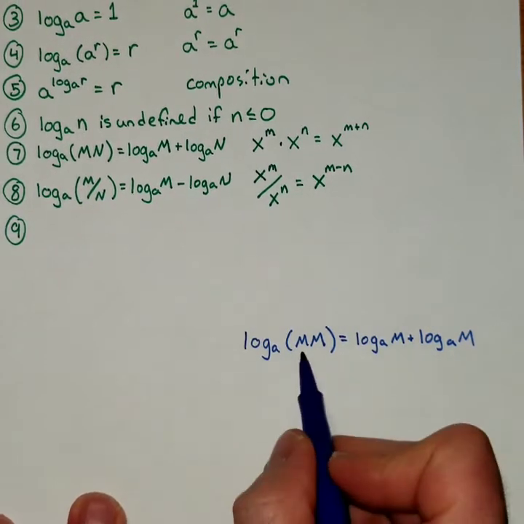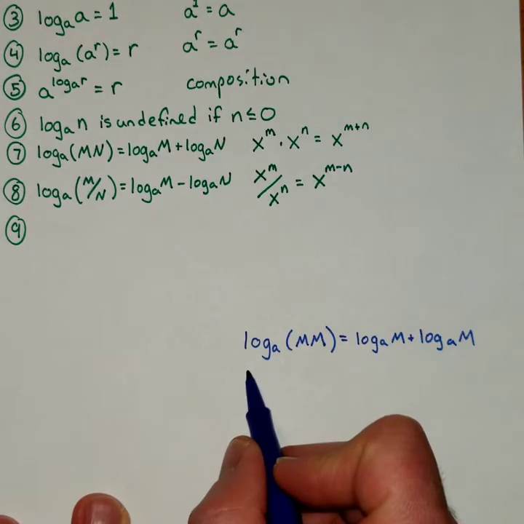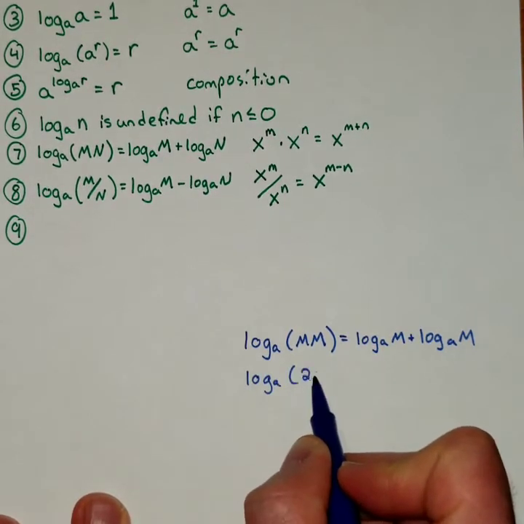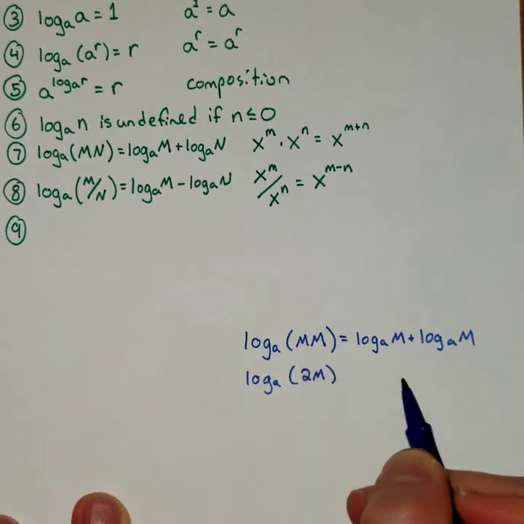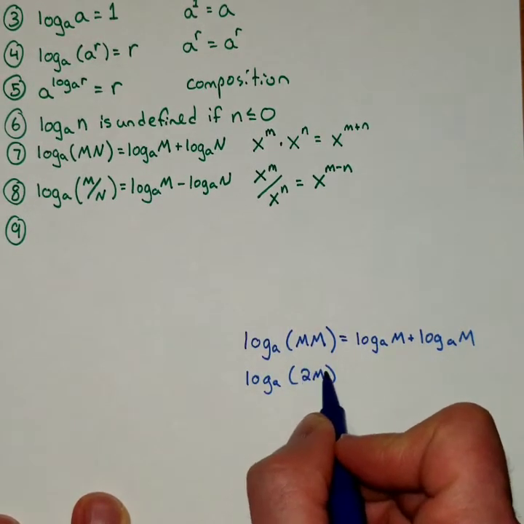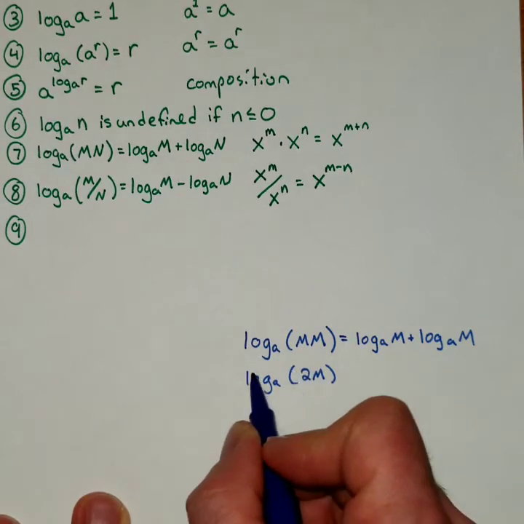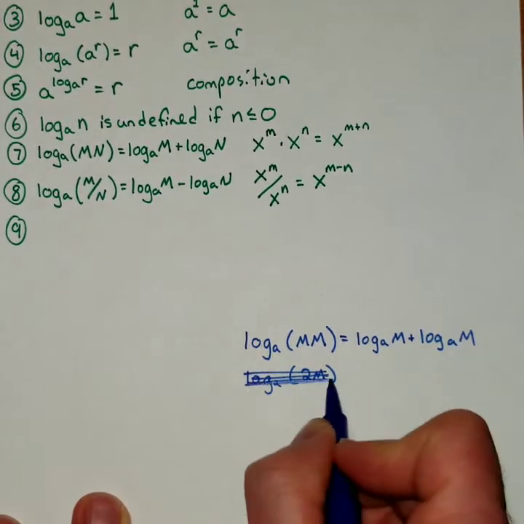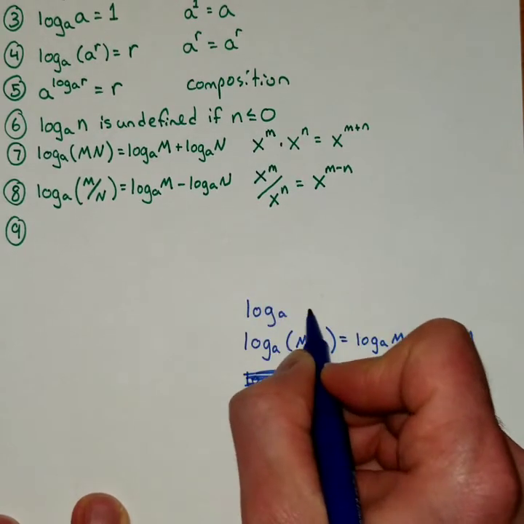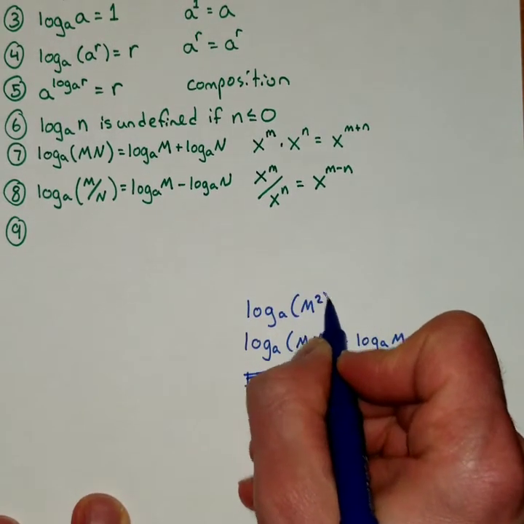But now if you think about this, the first side is actually log base A of 2M. Oh, no, I'm sorry, not 2M. It's M squared. I should write that differently. Let's just ignore that and go above. Log base A of M squared.